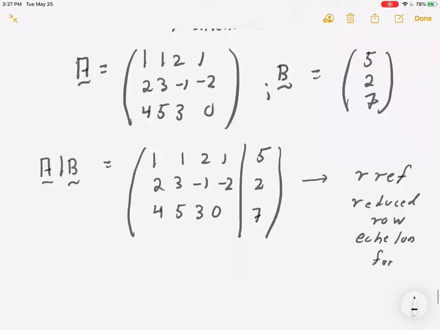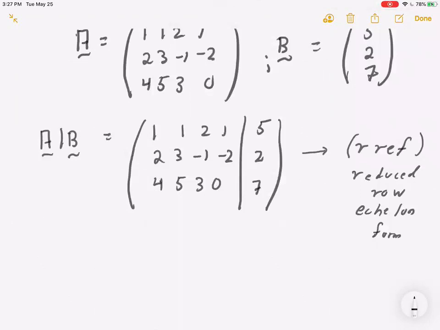The reason I'm using this abbreviation is that this is the actual command in Python that allows you to find the reduced row echelon form of an augmented matrix. Now, your choice of an elementary row operation is up to you. But I will give you some guidelines of what you should do, so you're not doing hundreds and hundreds of operations.